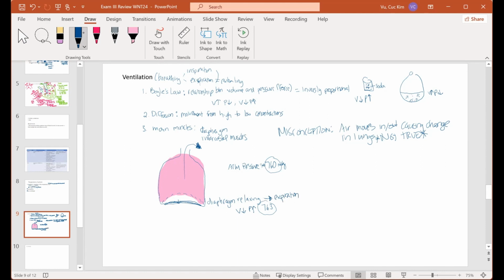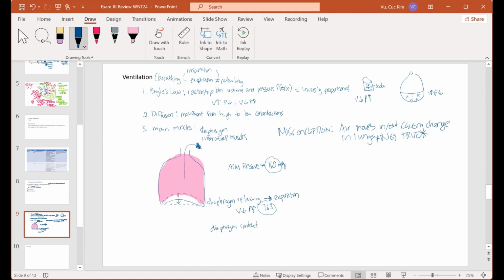Now, if the diaphragm contracts, then it gets shorter. Do you remember when I said that the diaphragm is normally curved upwards like this? So when the diaphragm contracts, it gets shorter, and when it gets shorter, it pulls downwards.